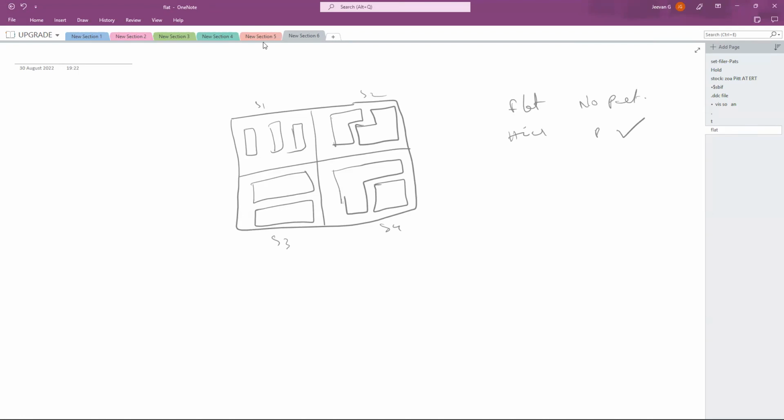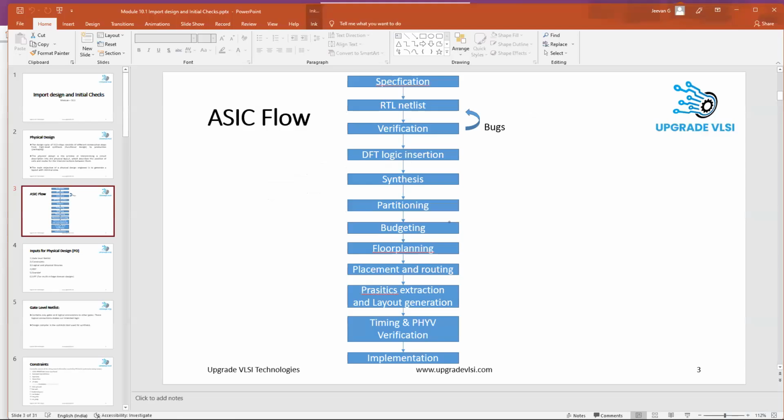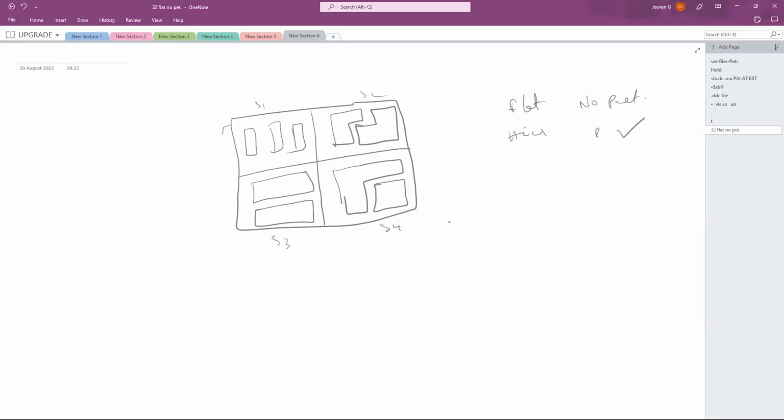Now, budgeting. Budgeting means, for example, this particular subsystem has two VDD ports or pins, or IO pads. Wherever you need enough supply, you give enough power, including power as well as signals, not only VDD and VSS.